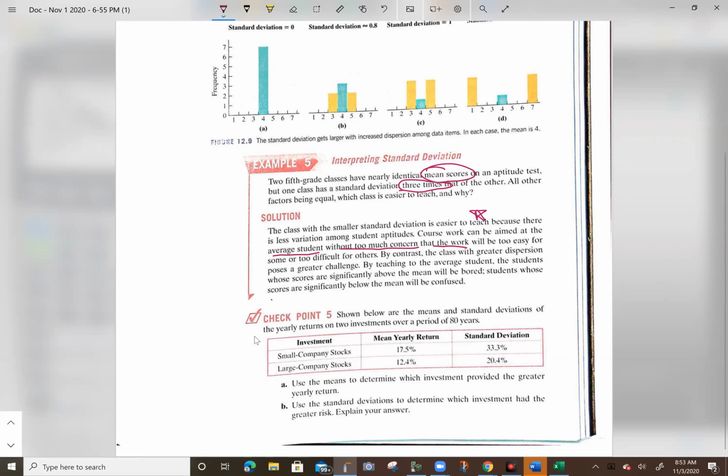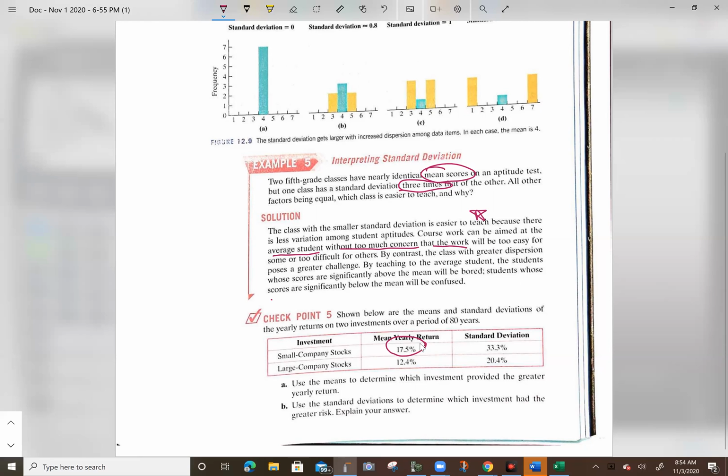So checkpoint 5. The mean and standard deviations of the yearly returns on 2 investments. Use the means to determine which investment provided the greater yearly return. Okay, so a bigger mean means that they had a larger number that skewed it bigger.